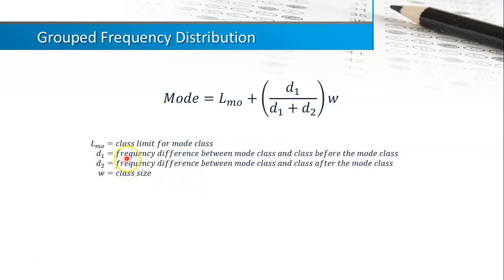D1 is the frequency difference between the mode class and the class before the mode class. And then D2 is the difference between the mode class and the class after it, while W is the class size.